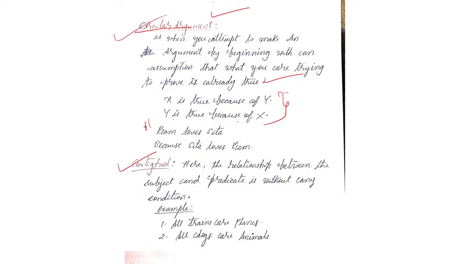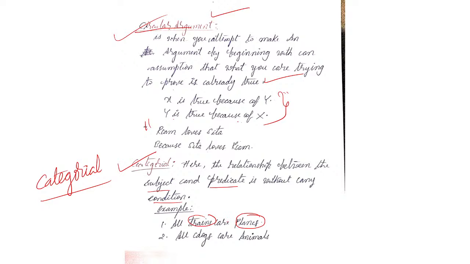Next, categorical argument. Here the relationship between the subject and predicate is without any condition. Categorical proposition. Here, the relation of subject and predicate. Subject means, here in this premise, trains and planes. All trains are planes.